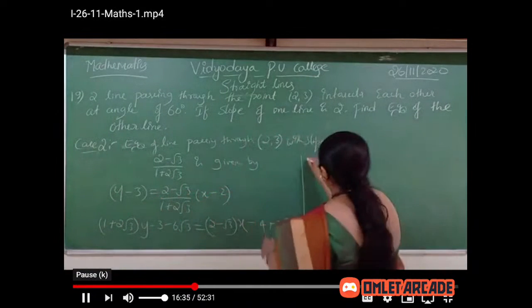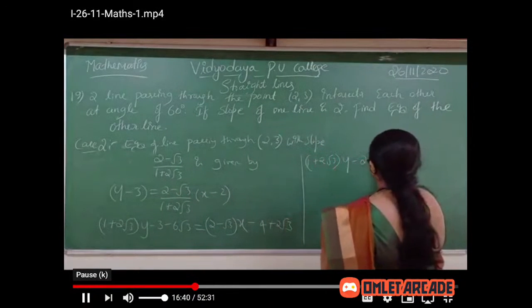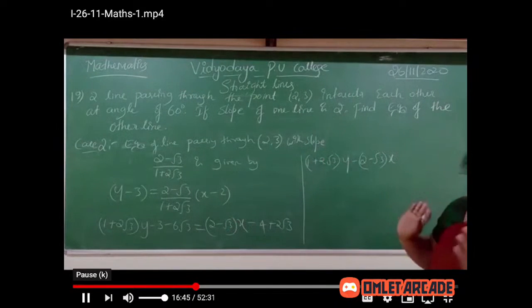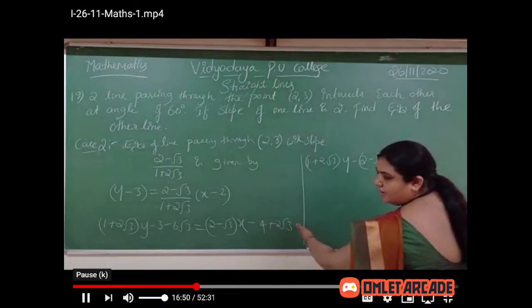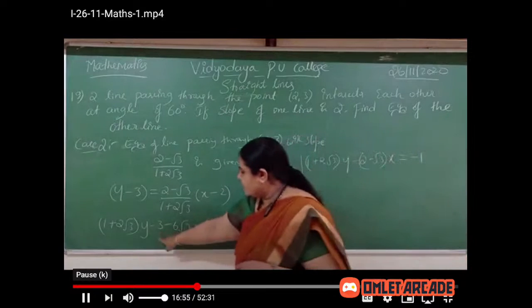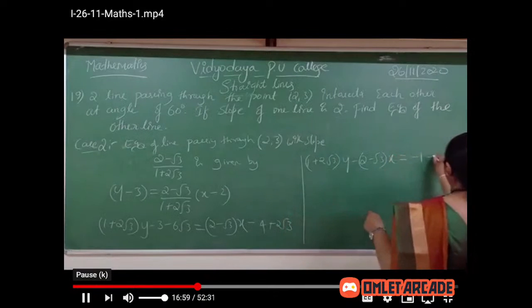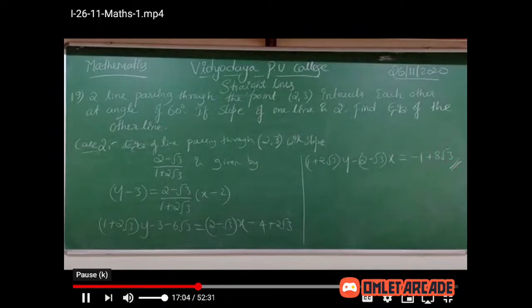So let me continue here. It will be 1 plus 2 root 3 y minus 4 minus 2 root 3 x. I am writing in terms of x, y and constant. Let me shift the constant to the RHS. What you will get? Minus 1, because minus 4 we have minus 3. Shift this to the RHS, it becomes minus 1. So this will be 8 root 3.